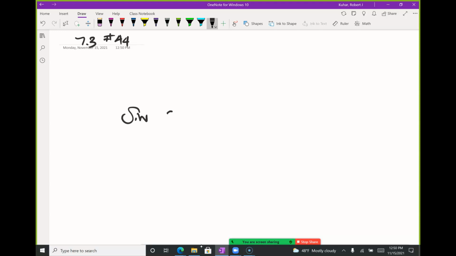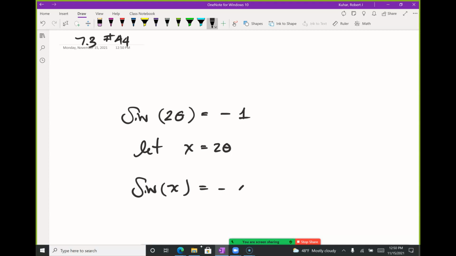So sine 2 theta is equal to minus 1. Now, my trick on this is, when the interior function is complicated, make it simple. So let x equal 2 theta. So now I'm solving for sine of x is negative 1. And that's very easy. I know when sine is negative 1, right?